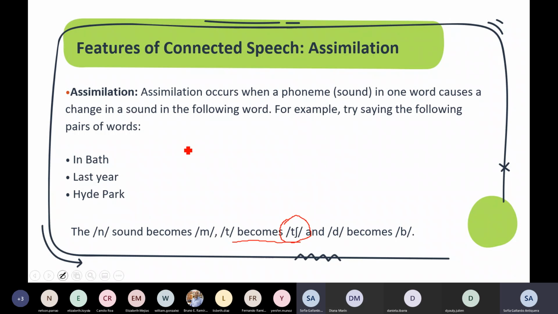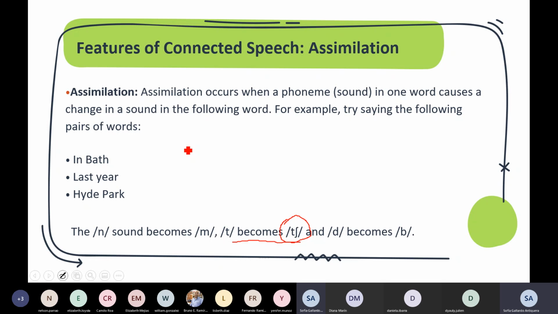Can you try changing the T for that sound? Yes. So in this case, the T would change and it would sound like last year, last year.